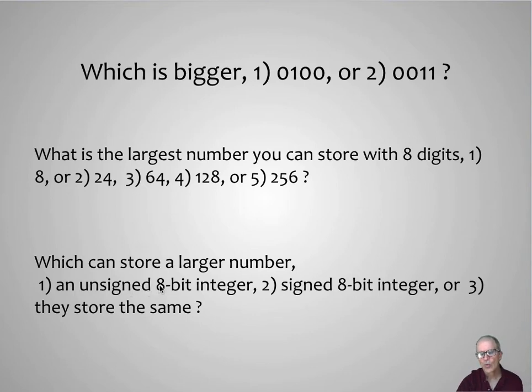Unsigned 8-bit, because in the signed one, one of the bits in the byte is used for the sign. So it goes from, let's say, minus 127 to positive 127. 127 is a smaller number than 0 to 256. So you have basically a different range that you can store, and with unsigned you can store a larger number. These things are important.